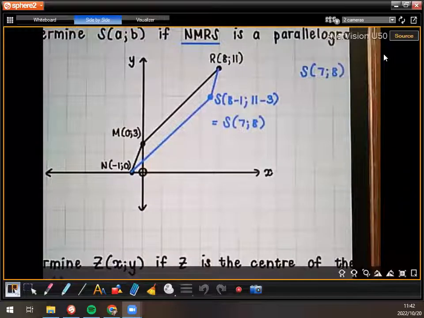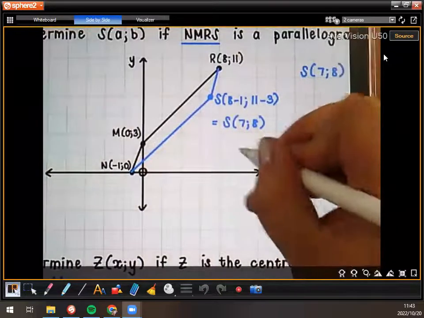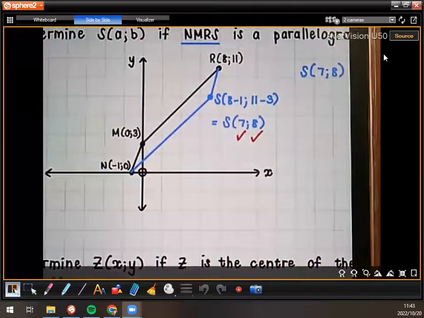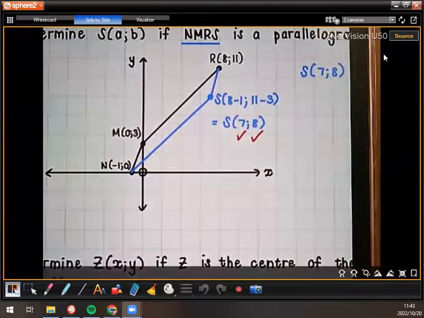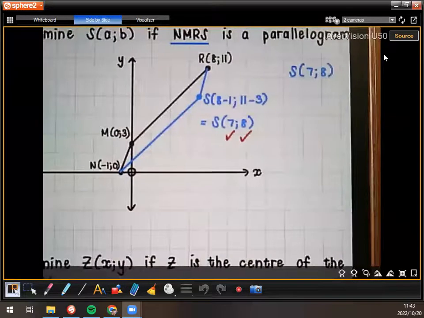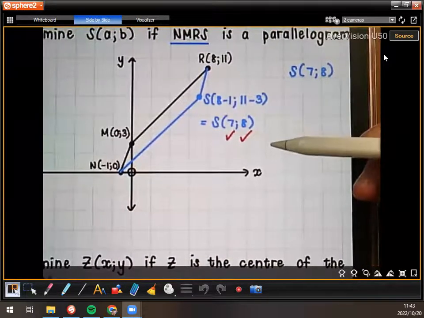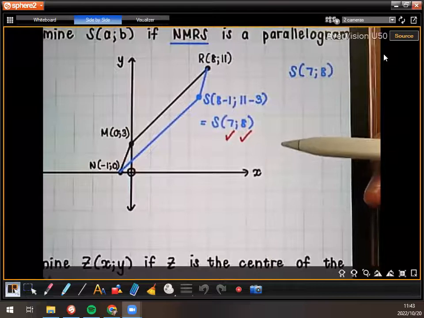There were loads of different ways in which you could have done it. But guys, the bottom line is this question is going to come for 2 marks. You're going to get a mark for 7 and a mark for 8. So don't do any working because you're going to waste time. I'm showing you the shortest possible way to do it by inspection. Even in matric finals, there's always a question like this, 2 marks. You get a mark for the x value, a mark for the y value.